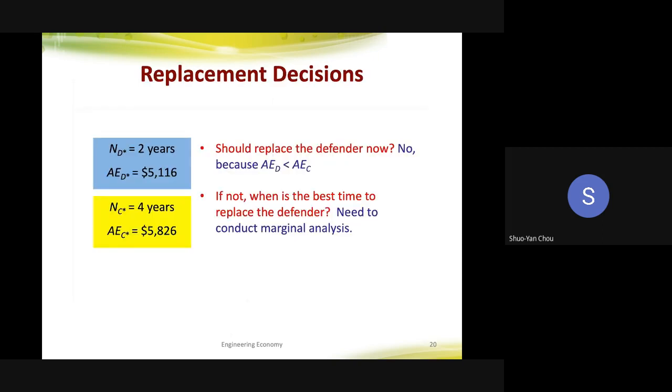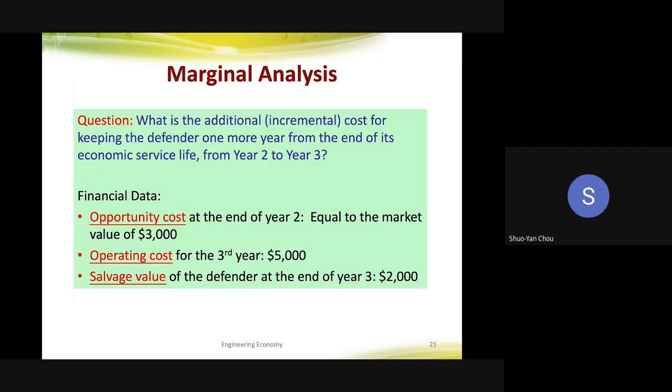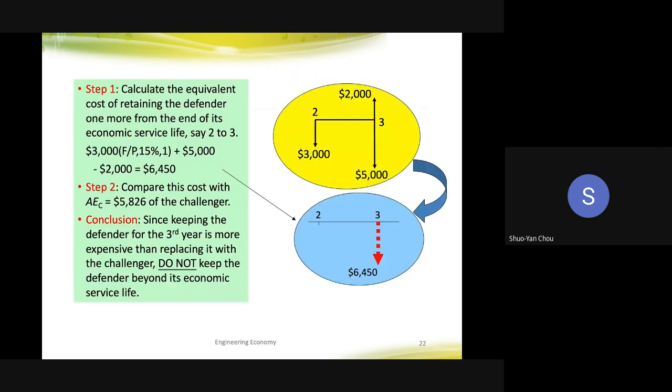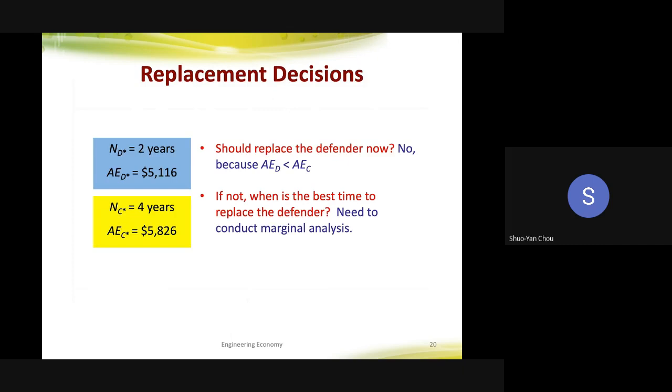If we look at them naively, we say we shouldn't replace it, but we did not consider what actually happened. But if we consider this opportunity cost, we will find that we should replace it. Do not keep the Defender beyond its economic service life, because its economy going forward will be worse than this.